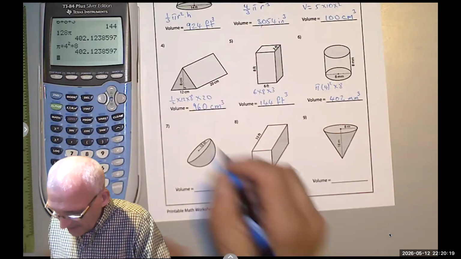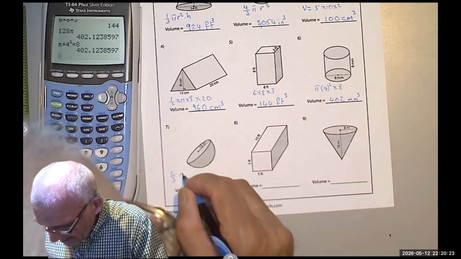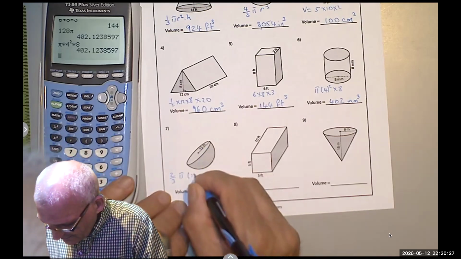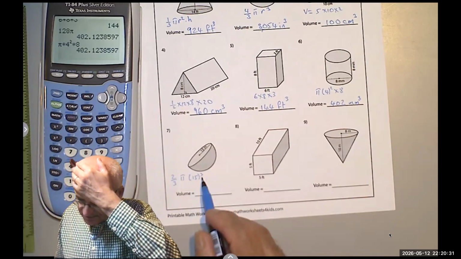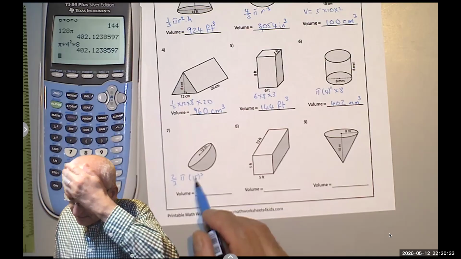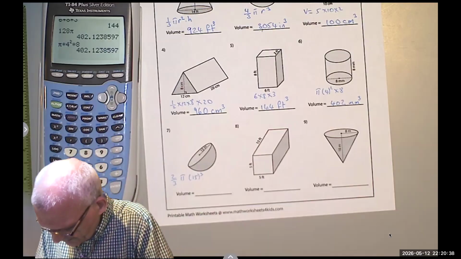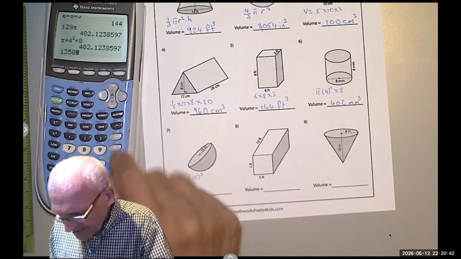So I'm going to say 2/3 pi, and r here is 15 cubed. 225, 675, 1350 pi? Is it 1350 pi?